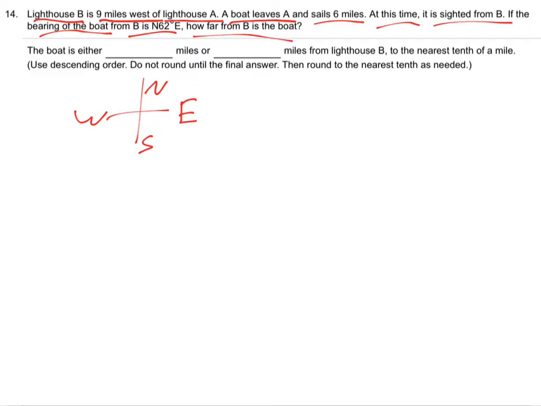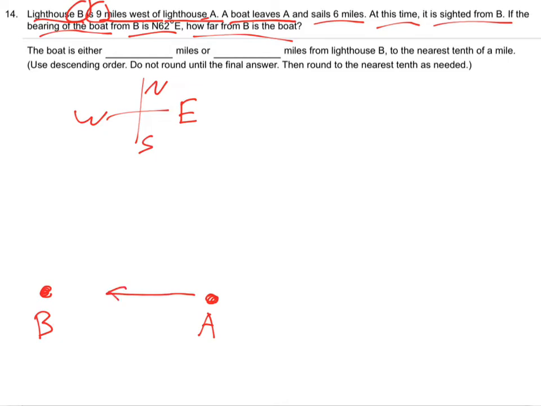Okay, I'm going to jump in now. Lighthouse B is 9 miles west of Lighthouse A. Okay, so that means B must be over here. Lighthouse B, it wasn't a very nice B. And Lighthouse A is over here, right?